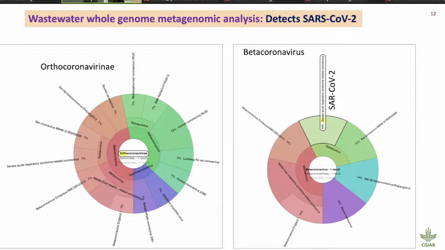For example, we were able to pick the beta coronaviruses and particularly SARS-CoV-2 from that metagenomic analysis of wastewater. This is just an example to show that wastewater can be quite rich, even in picking some minor pathogens within it.